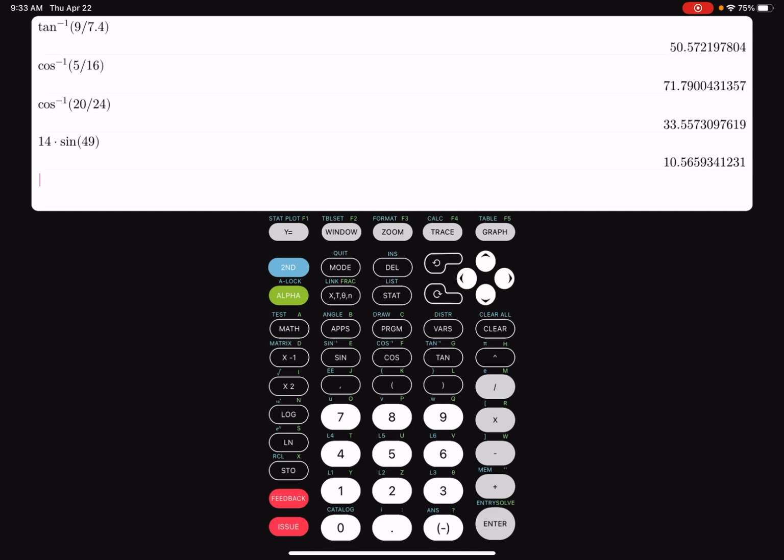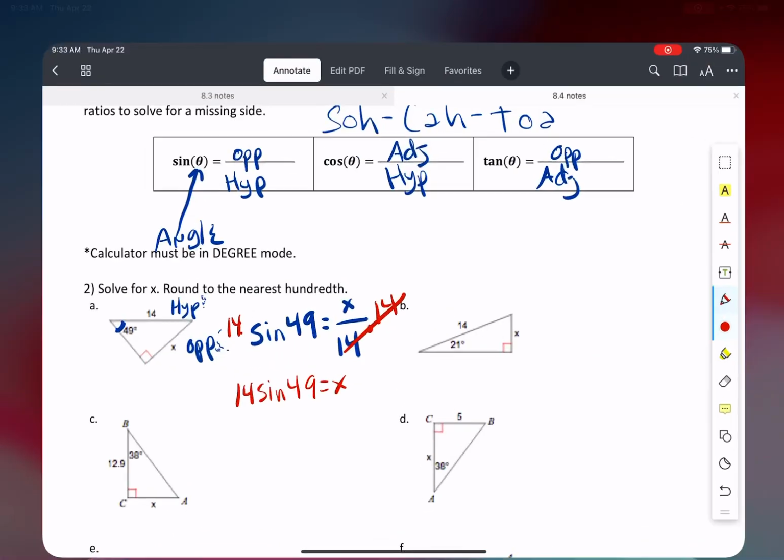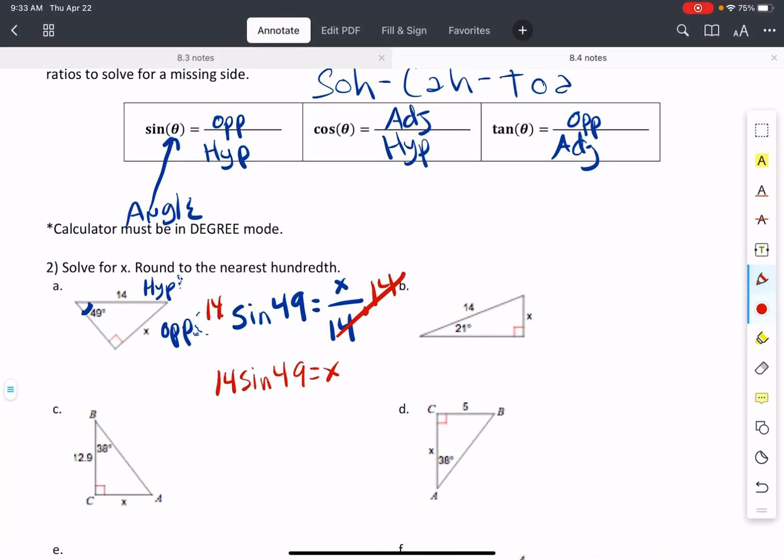So I just typed in my 14 times sine of 49, which is what I got from solving here. And I got 10.57. Did you guys try typing it in?